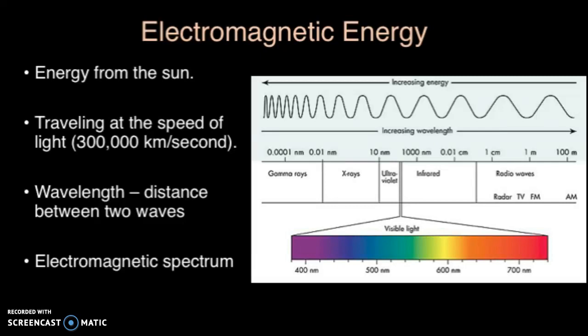But basically, this is energy that is coming in from the sun. As you might know, it travels at the speed of light, which is about 300,000 kilometers per second, so very fast. And the wavelength, I should define this before we move forward, is the distance between two waves.